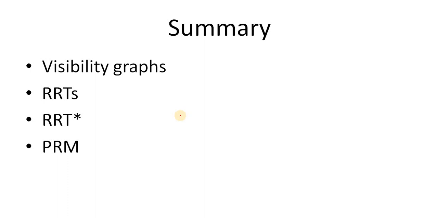Then we saw that these RRT type algorithms are single query, they are not multi-query. To solve this problem, we introduced the probabilistic roadmaps method, in which we make a roadmap or an undirected graph in your configuration space. This probabilistic roadmap method is also a sampling-based method.